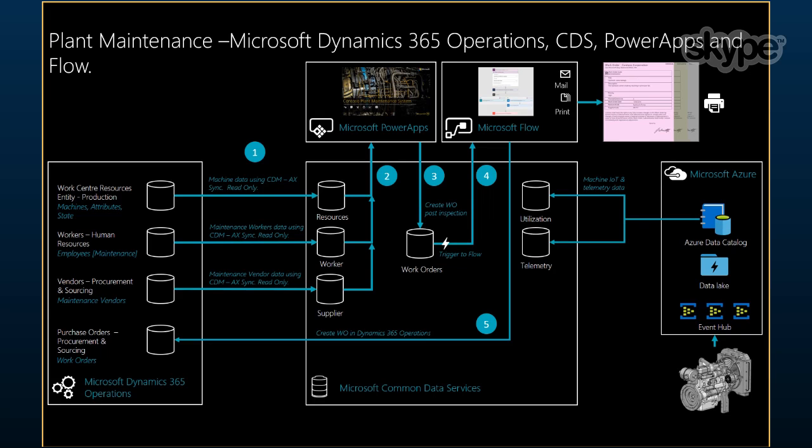We are also getting telemetry data from Azure or any other static systems, which we can wire up with any reporting system. As and when we have connectors available for Power BI, you will be able to use that as a data warehouse or an OLAP system. So as you see, the common data service serves multiple purposes, both as a transaction processing system as well as a reporting and BI system.